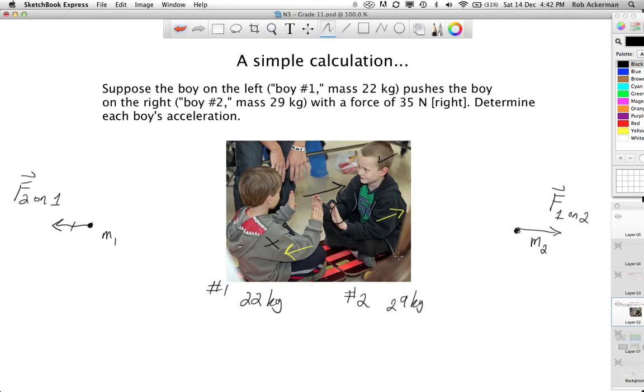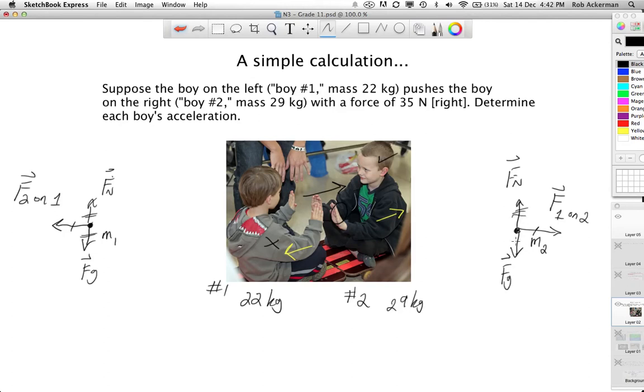And we know that these are equal in magnitude according to Newton's third law, so I give them each a tick mark. Now, of course, there is gravity and some sort of normal force acting on both of these boys. However, as long as we see that they are not accelerating up or down, we know that those are equal. So I'm not going to leave them out this time. I'm going to try to be as careful as I can to encourage you to do the same.